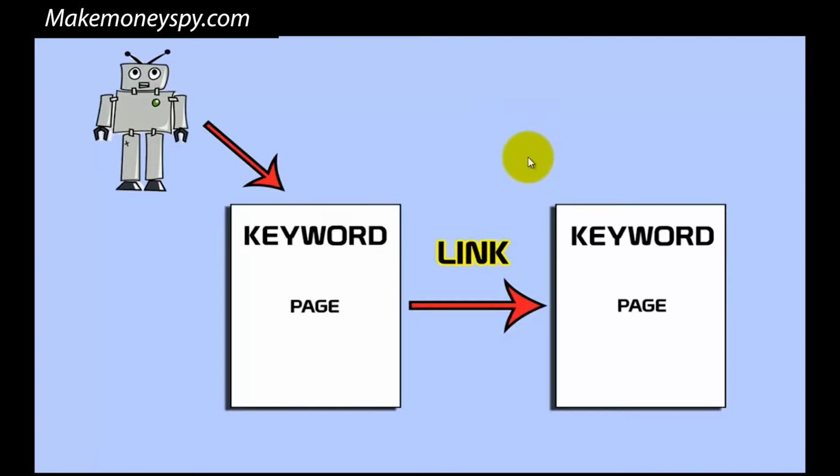So basically that's what the robots do, and they perform the same action over and over again, navigating throughout the web just trying to find new content so they can index it inside of Google listings.